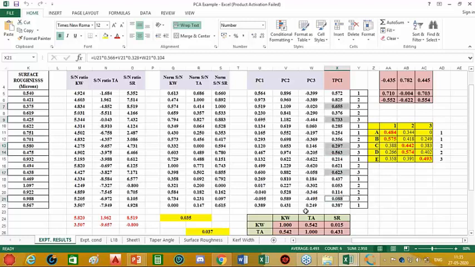So we can observe it is 0.493, and that is written over here. In a similar manner, we consider all these factor levels and accordingly find the average TPCI for each level.